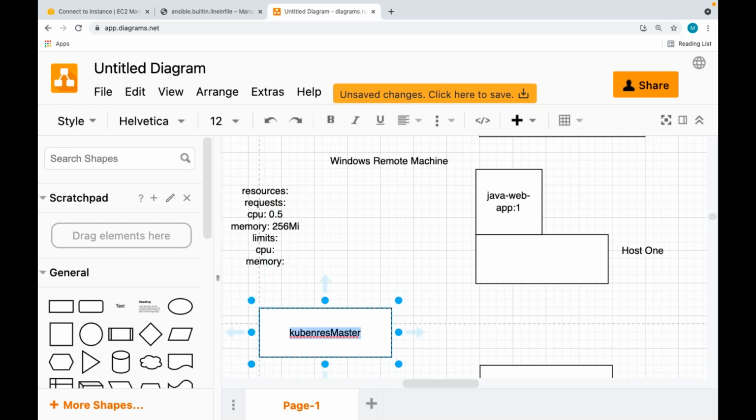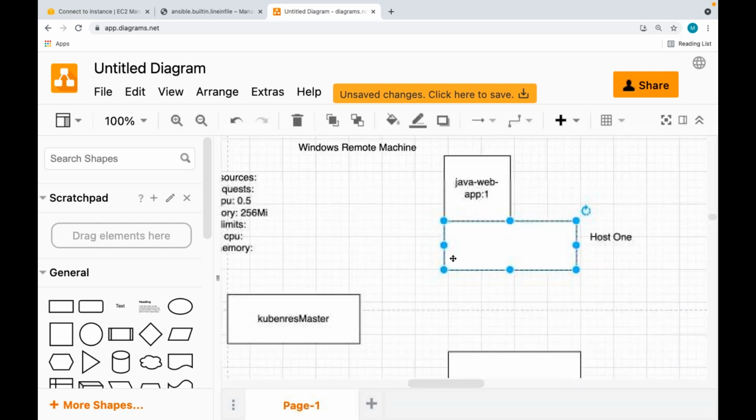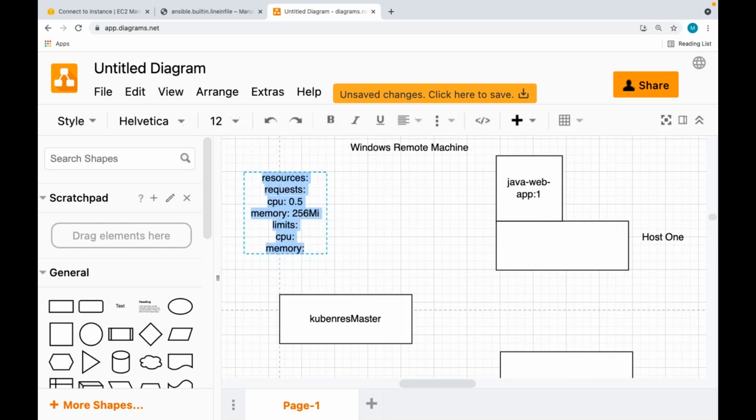If there is, the pod will be scheduled to that node.